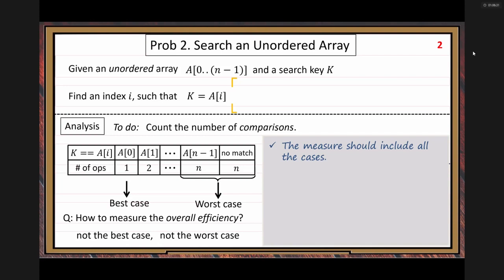But the hard part of the average case: how do you clearly define the average case? Because for the best case, we know its meaning easily. For the worst case, we know its meaning easily. But what's the meaning of the average case? What kind of average are you talking about? Is there a fixed meaning of average all the time?